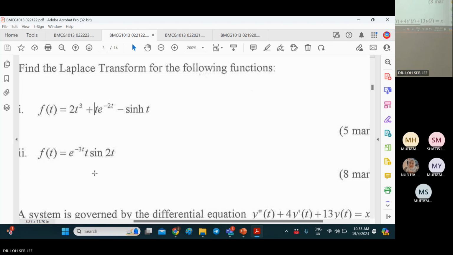There is one example similar to this product function with 3 functions, with the working solution. So here you have to apply both the first translation and the derivative property.